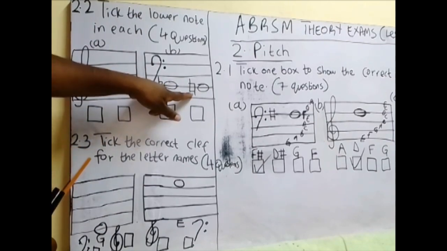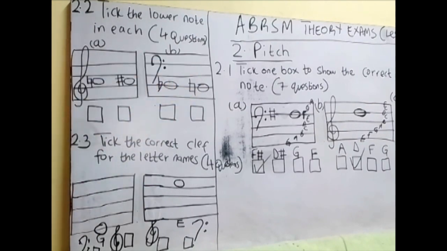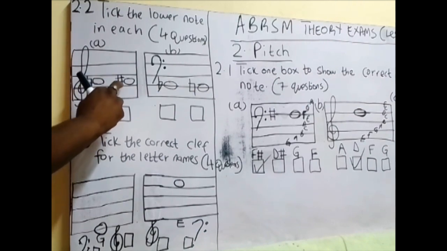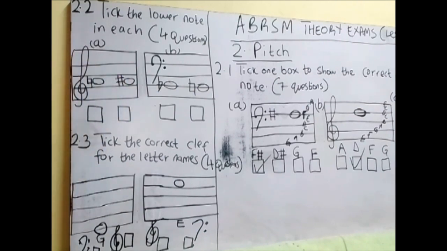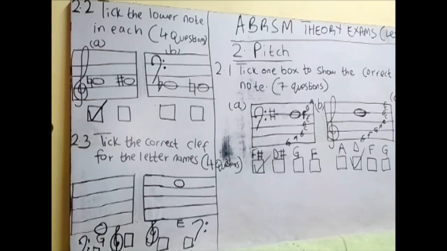This is a natural. It means that you have restored the note back to its original form. You have a natural A, and you have that A that has been raised. Obviously, it is the natural one, because this one is higher than the natural one, because it has been raised by a semitone. So this is your answer.